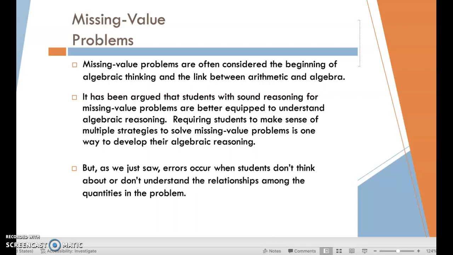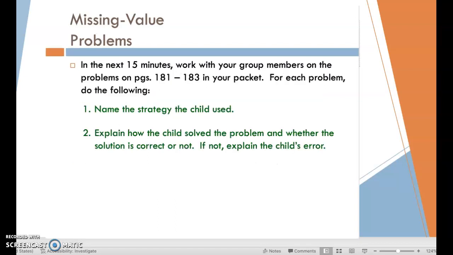Requiring students to have a sense of multiple strategies to solve missing value problems is one of the ways to develop their algebraic reasoning. But as you saw in the previous story problem with the 2 boys, very often errors occur. So we need to, as teachers, understand what our children and students' thinking are.